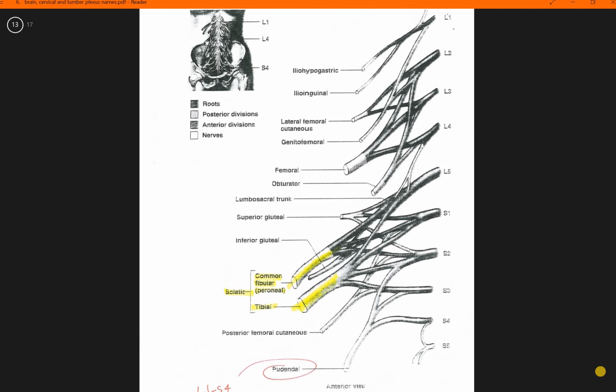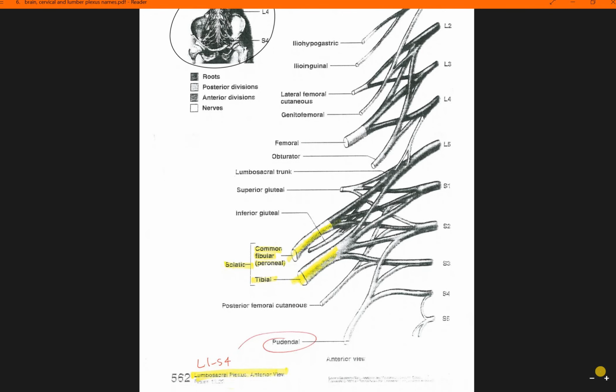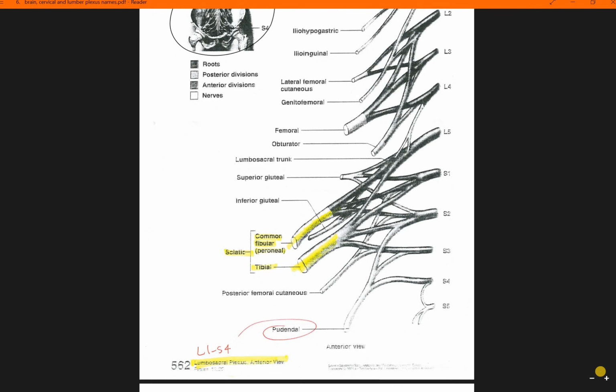Okay, getting into the low back. Now we're in the lumbar plexus. You're seeing the common fibular nerve, also known as the common peroneal nerve, plus the tibial nerve makes the sciatic nerve. So know that. The common peroneal nerve comes out of your low back, look at this, L5, S1, S2, all these come out of your low back area.